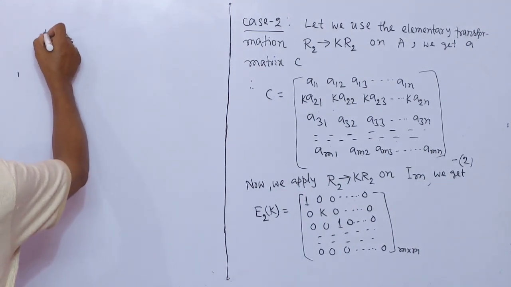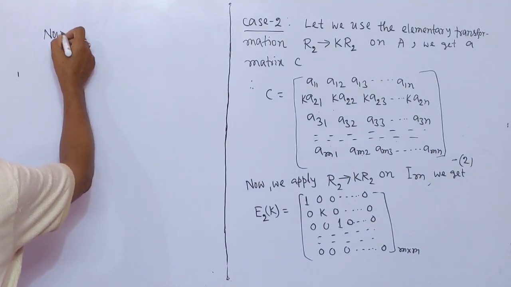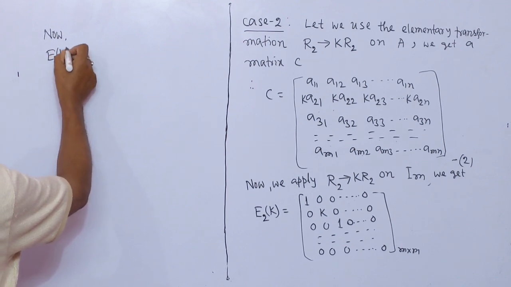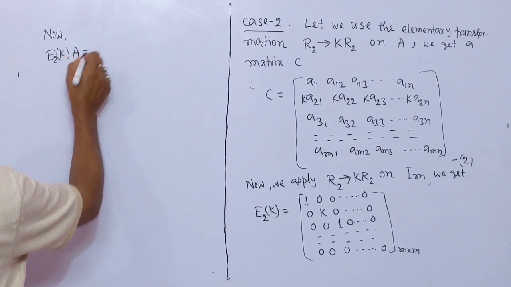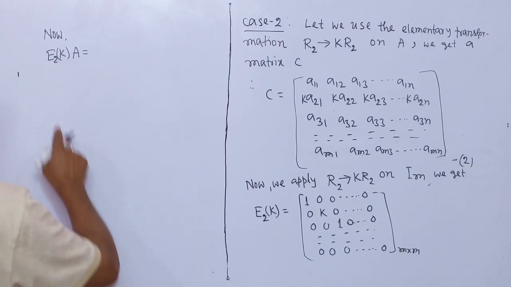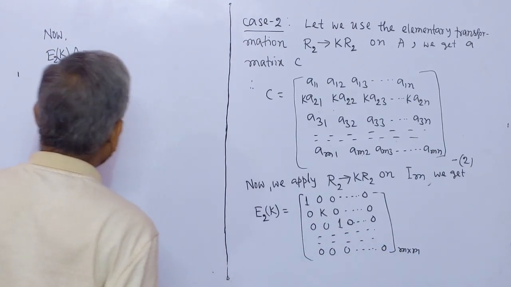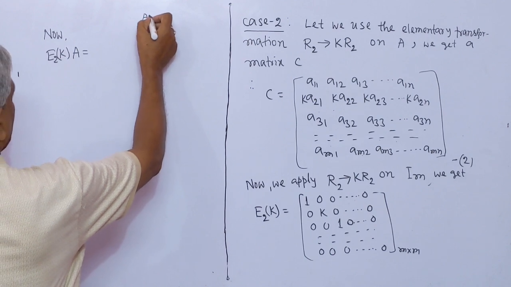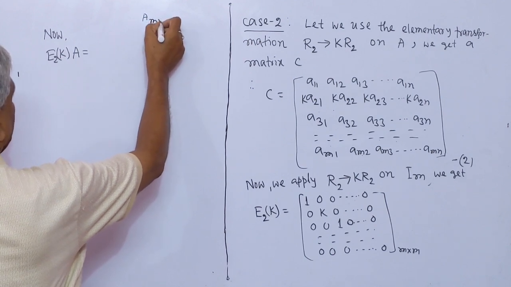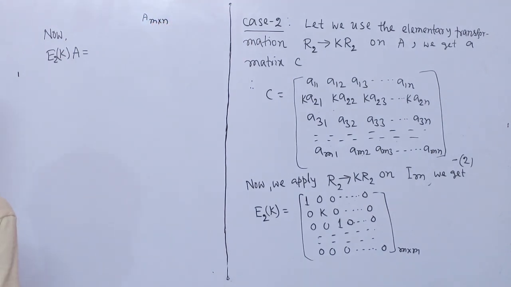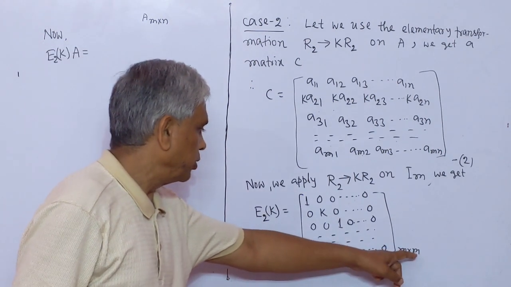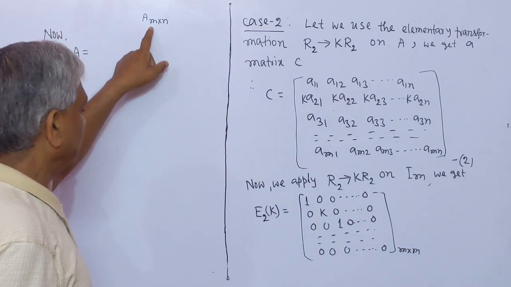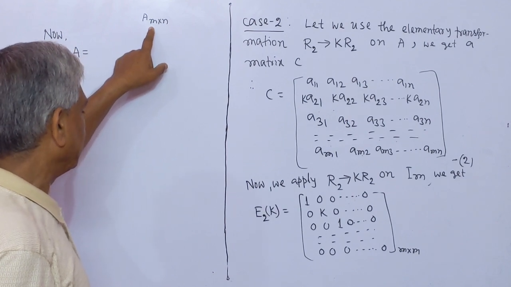Now E2K multiply A. E2K is M by M size and A is M by N size. So the number of columns of E2K is equal to the number of rows of A. So we may multiply this.